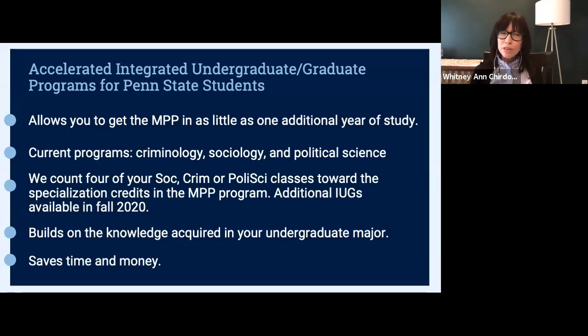And we have more information about this on our website as well, because there are other ways that you can begin your MPP early as a senior that are outside of the accelerated integrated undergraduate graduate degree programs that we've specifically designed with departments.